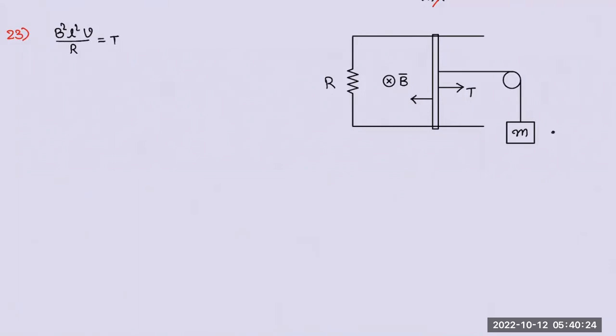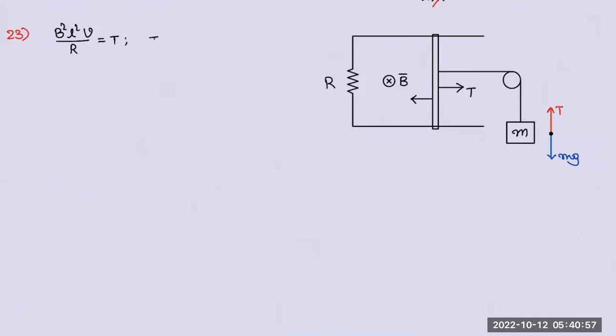Now let us write the free body diagram of this one. Upward tension T. Downward is mg. Once it is so, observe, because it's moving with constant velocity, that's the terminal velocity logic.